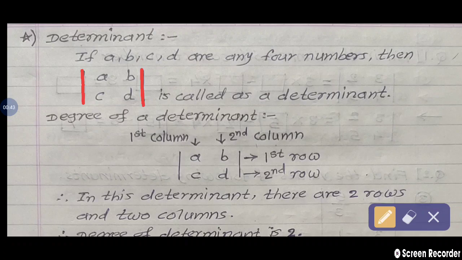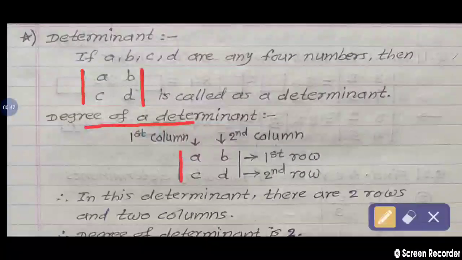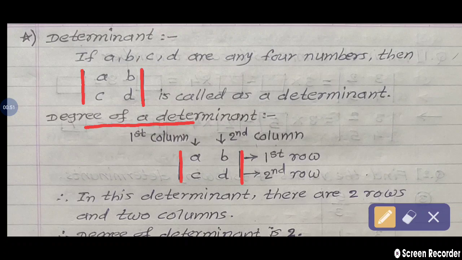Degree of determinant. Now in this determinant, this is the general form. Four numbers are A, B, C and D. A and B, these two numbers are present in the first row. C and D, these two numbers are present in the second row. So how many rows are here? Two rows.